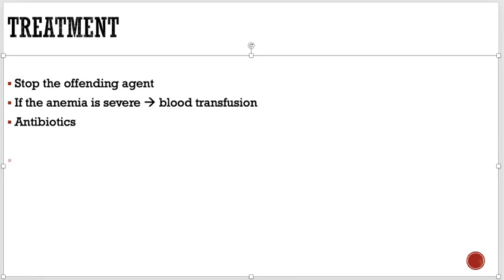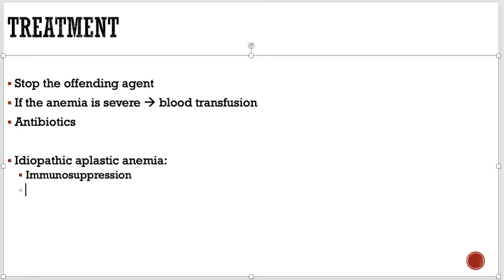Of course, in aplastic anemia, if you couldn't find any cause, we label it idiopathic aplastic anemia. When we fail to find the cause, we say it's idiopathic, right? So in this one, one thing we can try is called immunosuppression. Basically, because we don't know the cause, for idiopathic aplastic anemia we try immunosuppression.